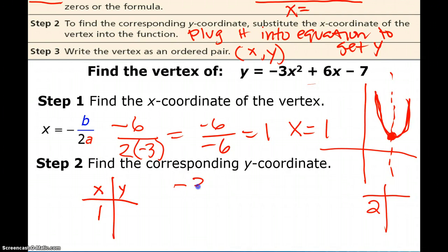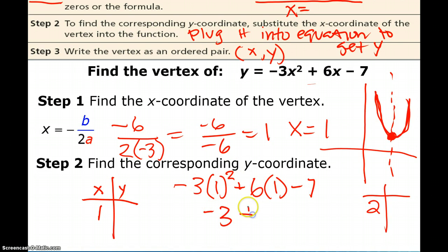So I've got -3 times 1 squared plus 6 times 1 minus 7. Don't forget to follow Aunt Sally. You got to do exponents first. So 1 times 1 is 1 times -3 plus 6 minus 7 is -4. So your vertex is 1, -4.